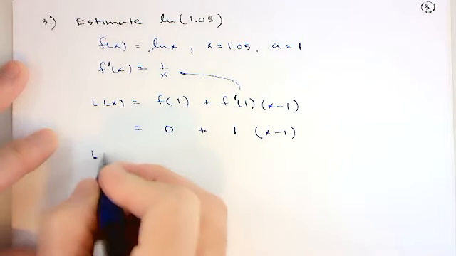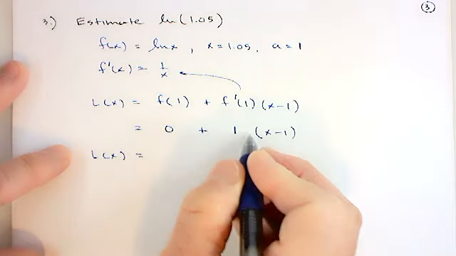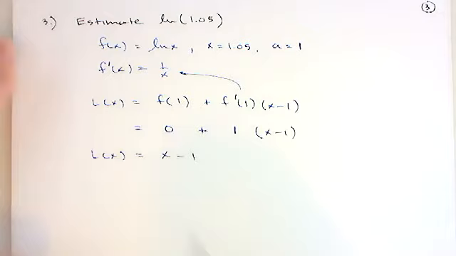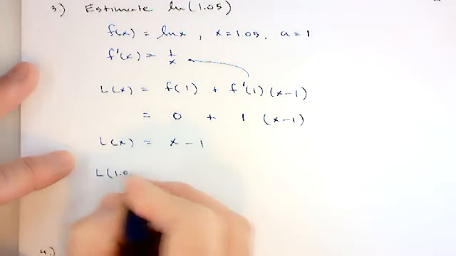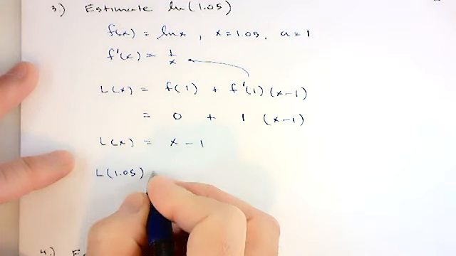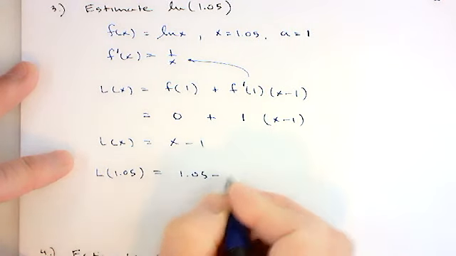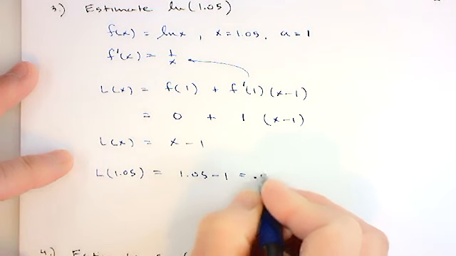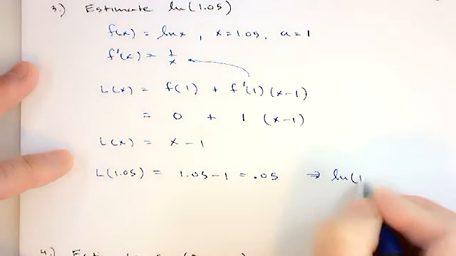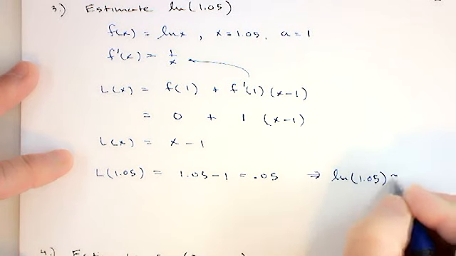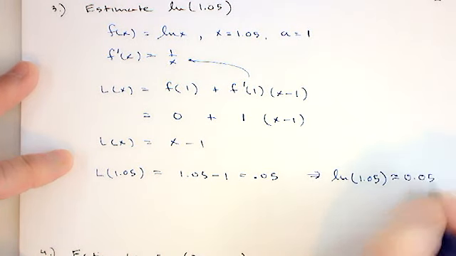So my linearization formula is 0 plus 1 times x minus 1, which is just x minus 1. And if I approximate 1.05 by plugging that in there, that just gives me 0.05. So what that tells me is the natural log of 1.05 is approximately 0.05.